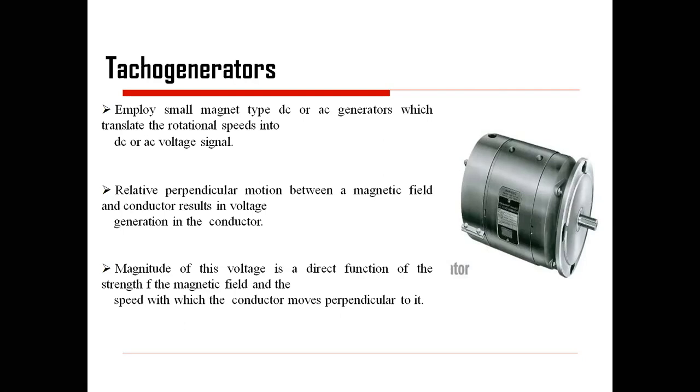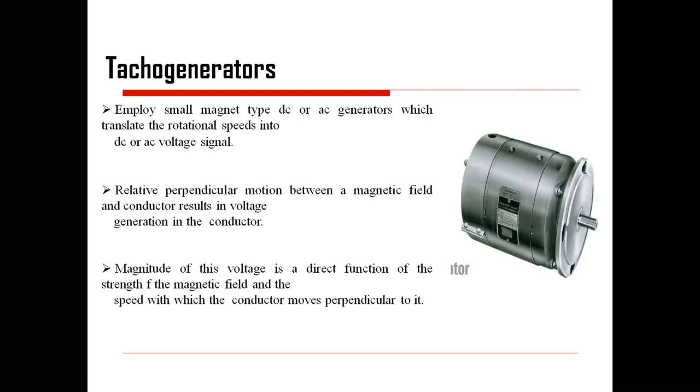To convert the output, we use rectifier bridges, which you have studied in basic electronics. I will not go into that much depth, but for your understanding, you can use a half wave rectifier or a full wave rectifier to convert it. I will show that particular circuitry also in this presentation.